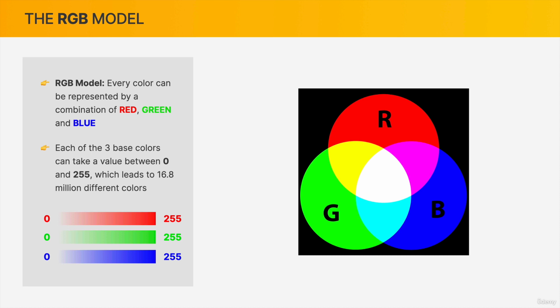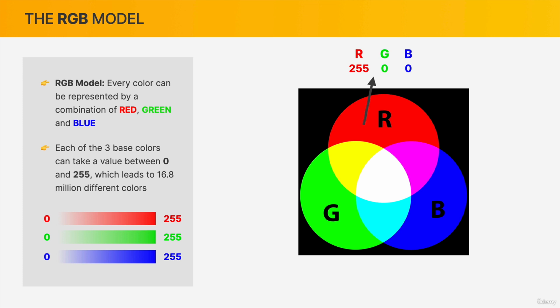So let's understand this a little bit using our diagram here. And starting with the pure red color, of course, in this channel, red is at the complete maximum, which is 255, and the other two channels, so the other two base colors, are at 0. So there's no green whatsoever and no blue whatsoever.